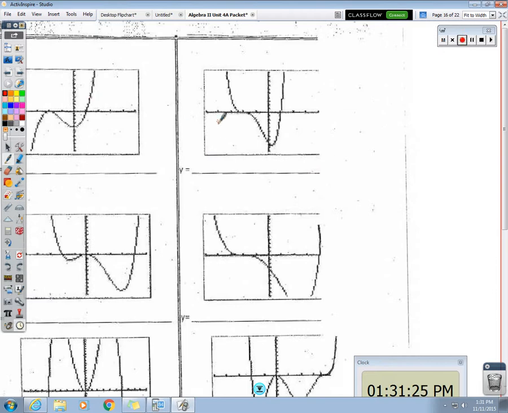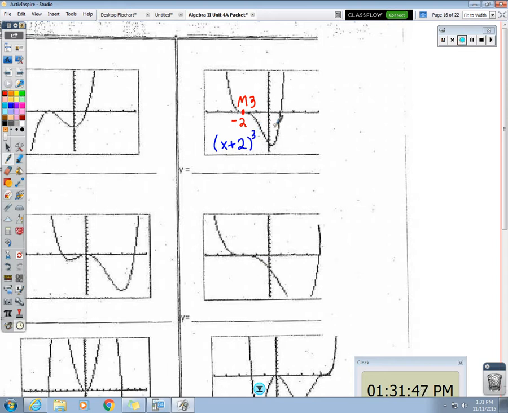Okay, up here, we can see that it's flattening out right here at -2. Okay, and when it flattens out, that is a multiplicity of 3. So when you write the factor for that, it would be x plus 2 cubed.